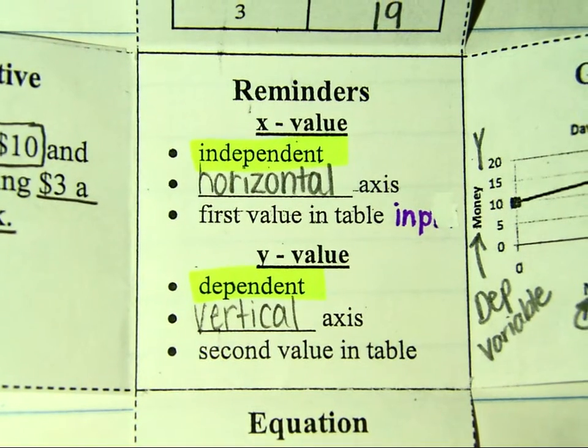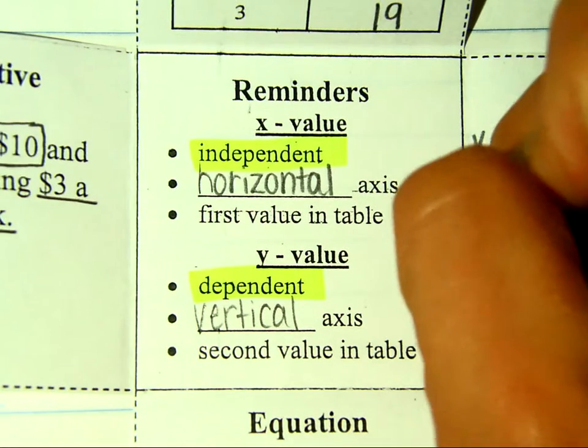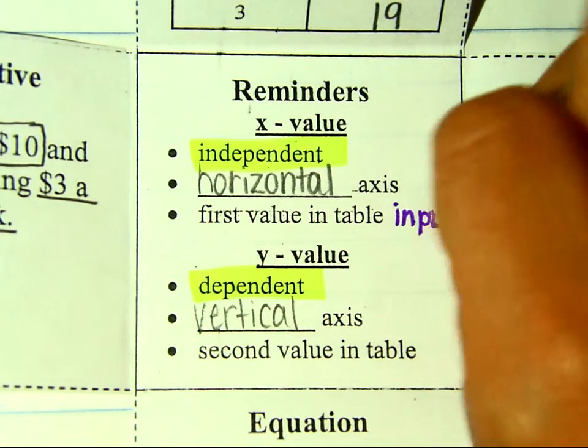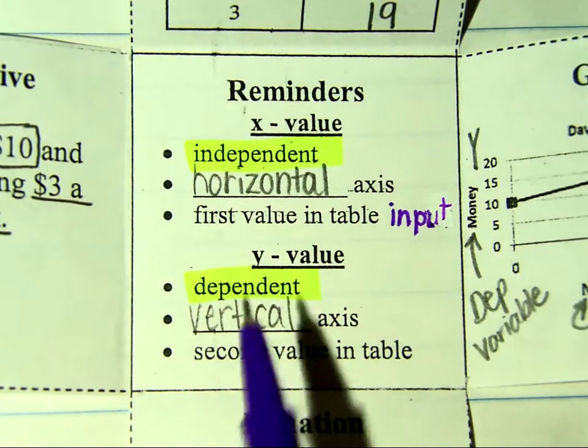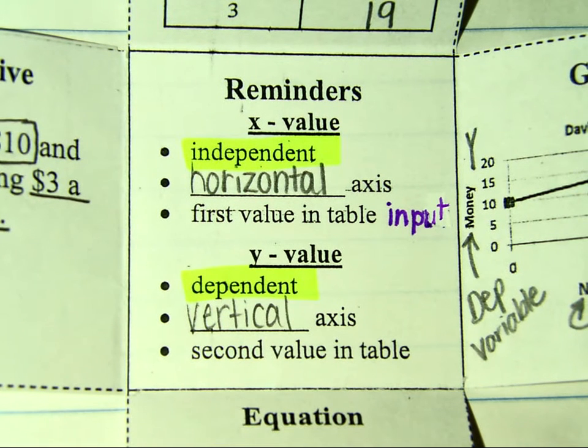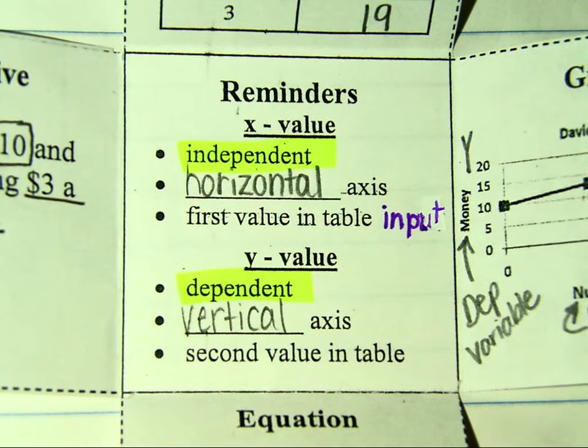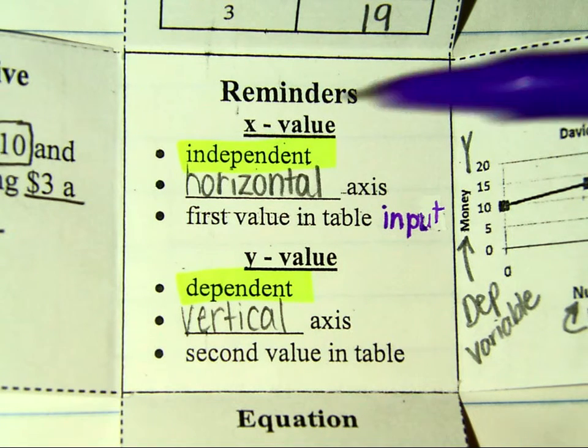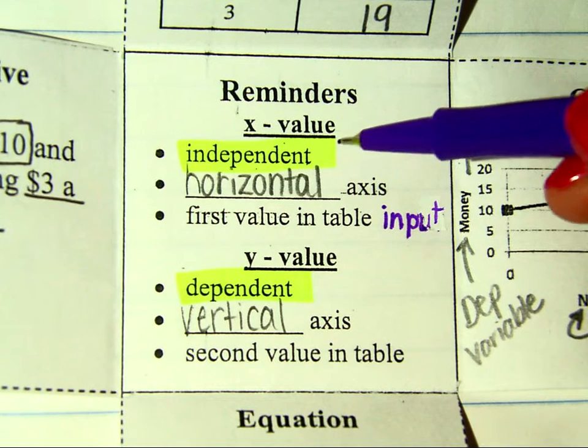When we see the term independent variable, when we see the input, if we see it's on the horizontal axis or it's the first value in a table, then we know that they're talking about the independent variable, and it is the x value.